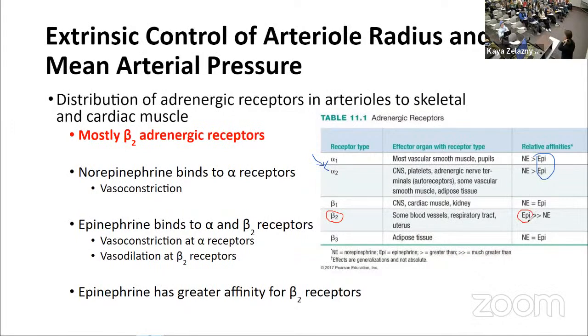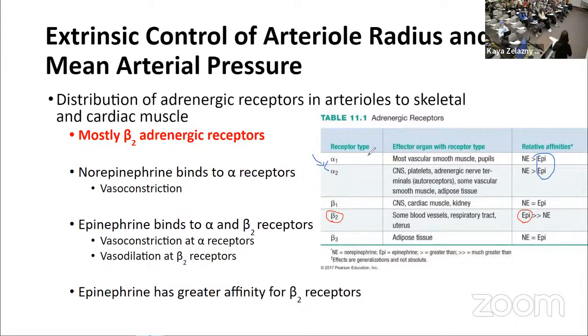Okay. So this means that if you have a bunch of norepinephrine circulating around, it's probably going to our alpha receptors because our beta-2 receptors don't really like norepinephrine, which means you're going to have vasoconstriction. But if you have a bunch of epinephrine floating around, you're now going to have to think about what is the stronger effect, right? Because epinephrine really likes those beta-2 receptors, but it'll also bind into the alpha receptors.